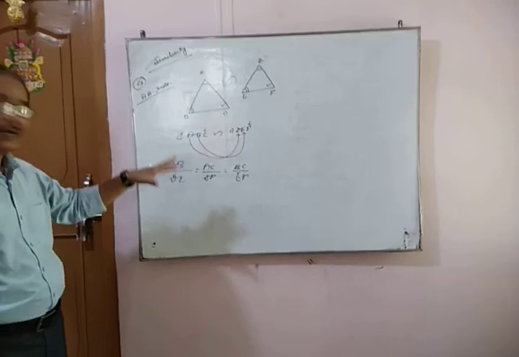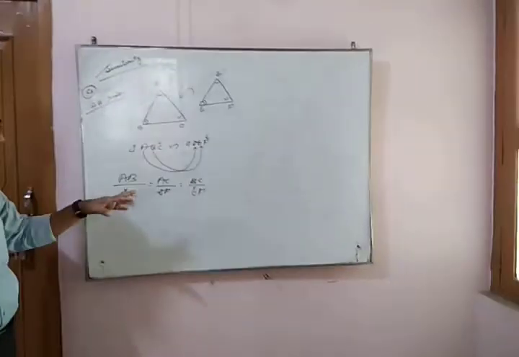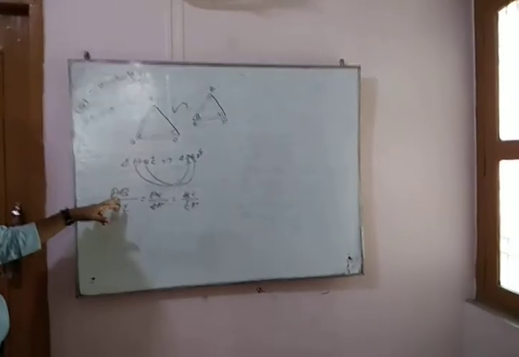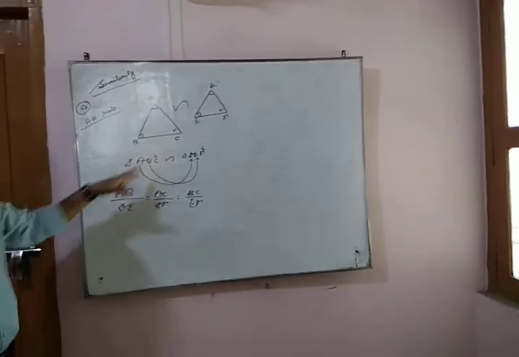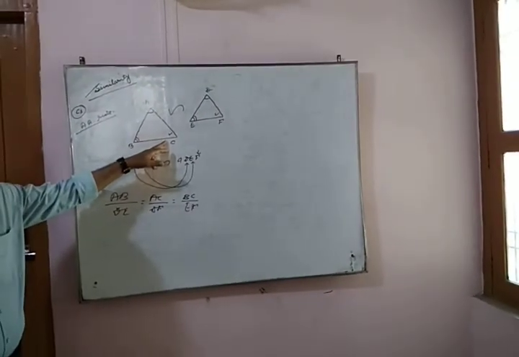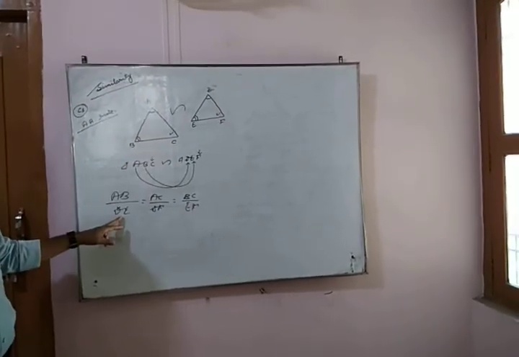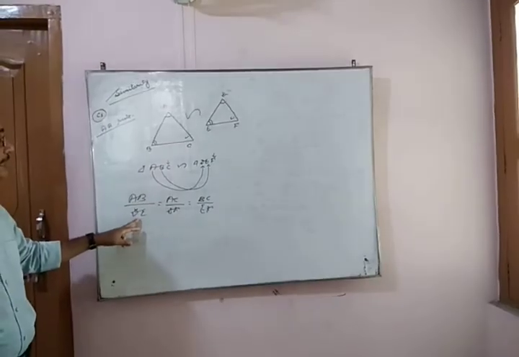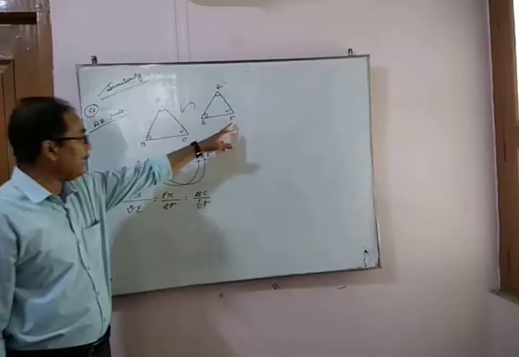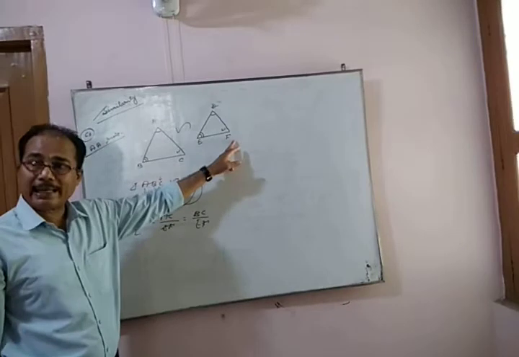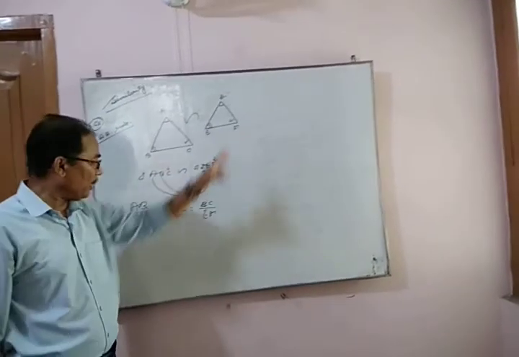How do we write the corresponding sides? You see that AB is the side of triangle ABC in front of angle C, and DE is the side of triangle DEF in front of angle F. Angles C and F in both triangles are equal.